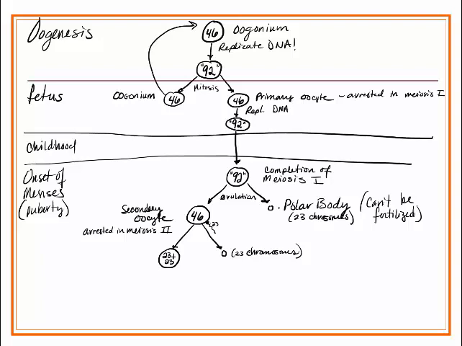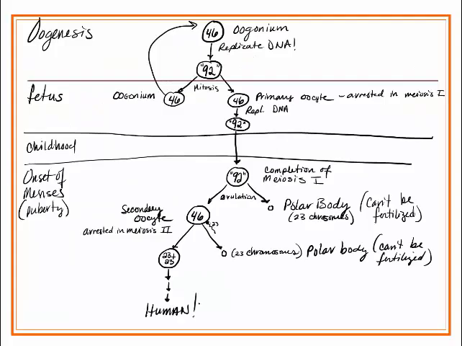Okay, so that is another polar body, and it can't be fertilized. Okay, so the other daughter cell has its 23 chromosomes plus the 23 from the sperm, and it's going to divide and divide and divide, and we have a human.